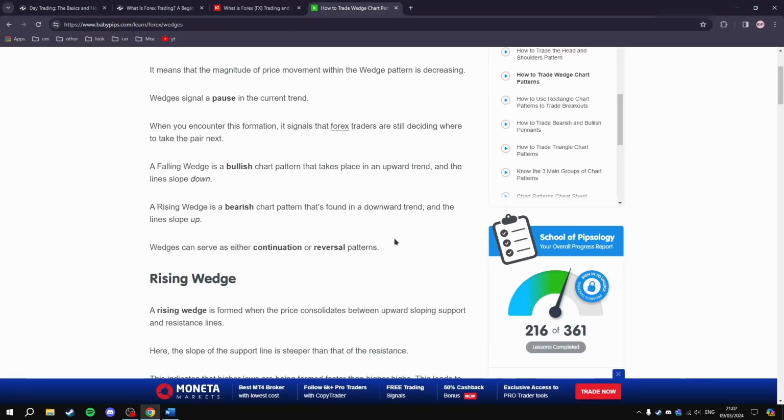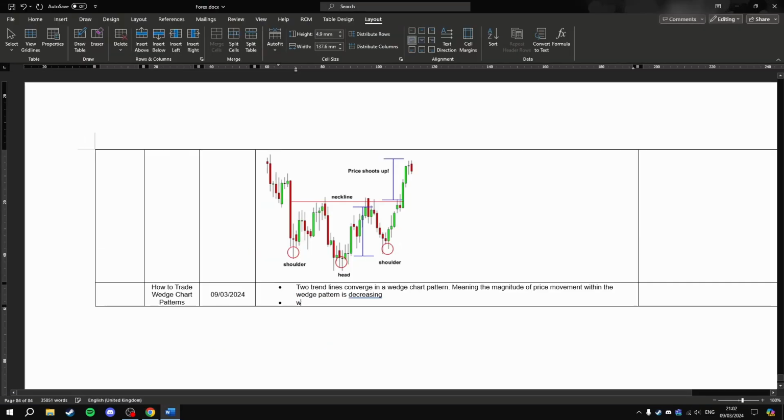Wedges signal a pause in the current trend.